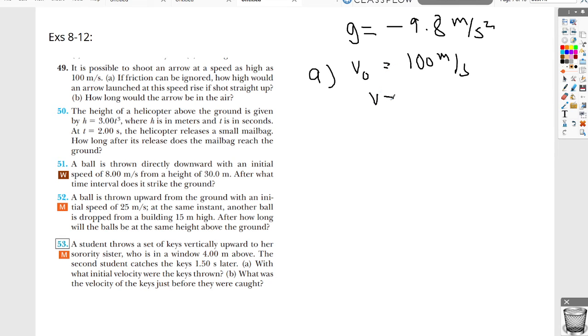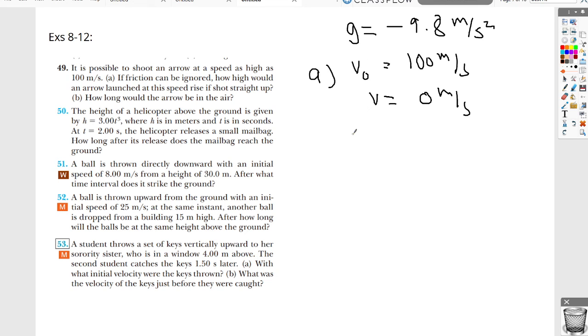The final velocity would be 0, because after that, it will be going down, right? Until it reaches its maximum height, it's still going up, and then it will start to go down. So at its maximum height, its velocity in the y direction at least is 0.